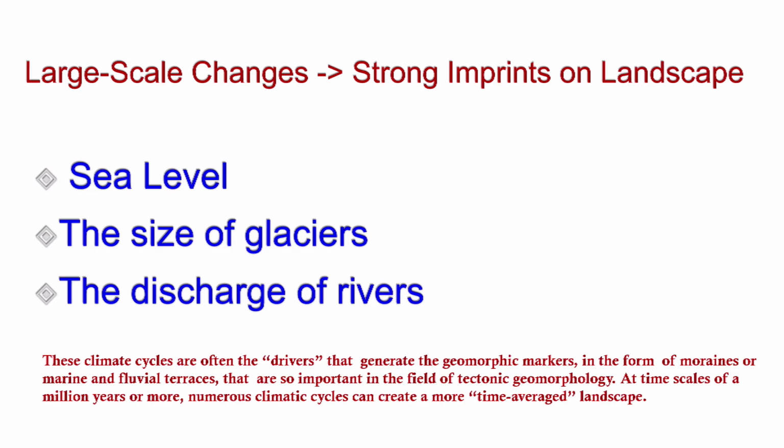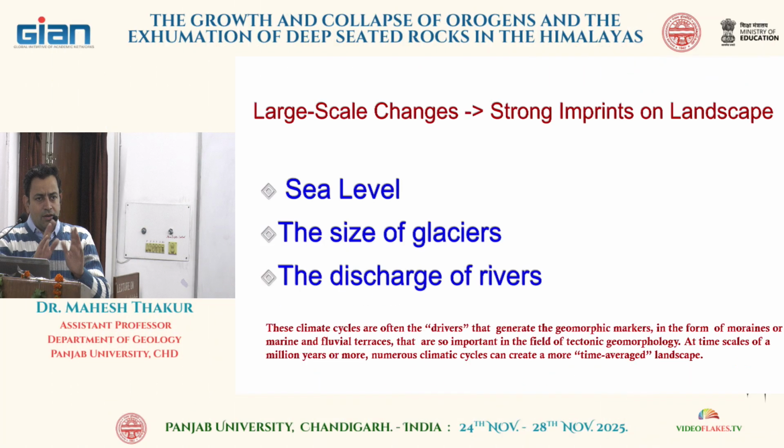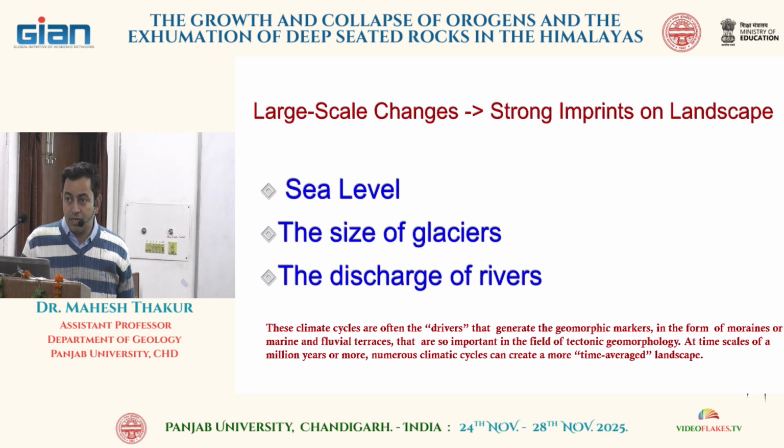So if there is a village on the top of a mountain, maybe the glacier was present there and it did erosion and everything. Now maybe the glacier has melted, but the soil is preserved on the top of the mountain where the village is situated, right? So very roughly we can divide, okay, the glaciers might have generated those soils and the discharge of the rivers.